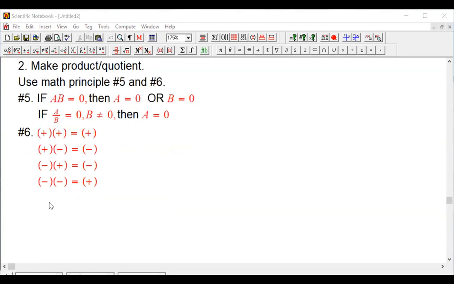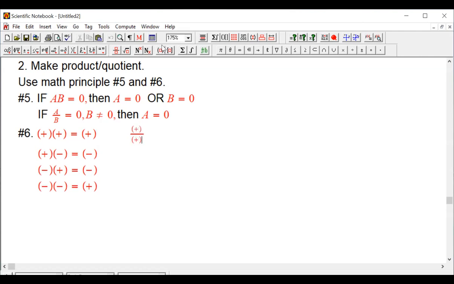For a quotient, the properties are similar. Positive divided by positive is positive. Positive divided by negative is negative.